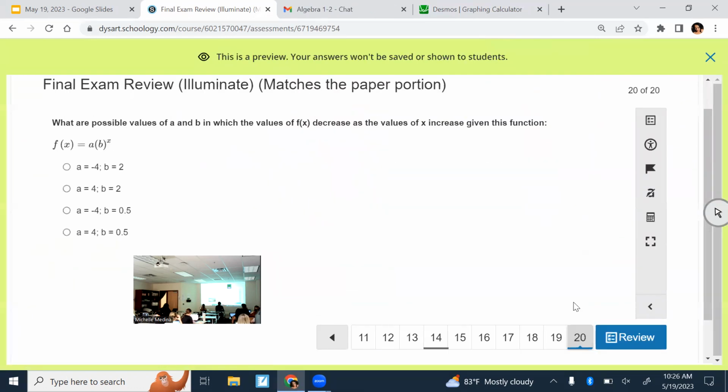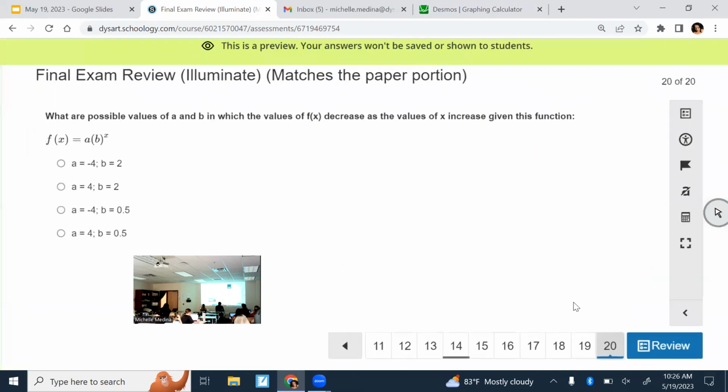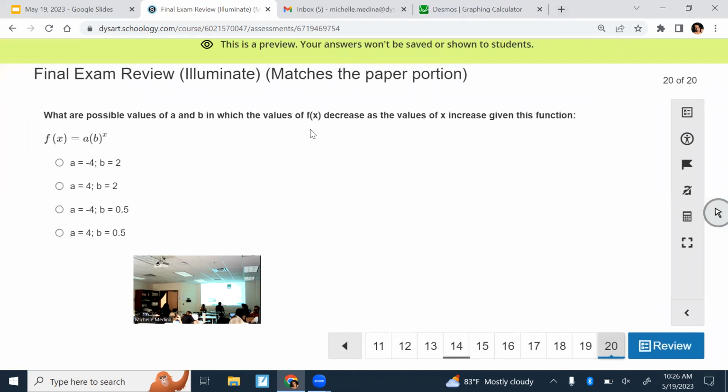All right, what are possible values of A and B in which f of x decreases as x increases? So first, remember your function notation. It's usually f of x equals y, and x would be your input, y would be your output.